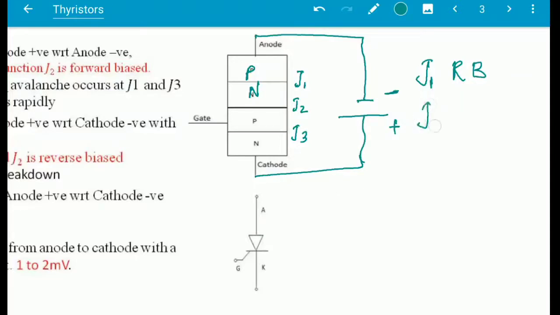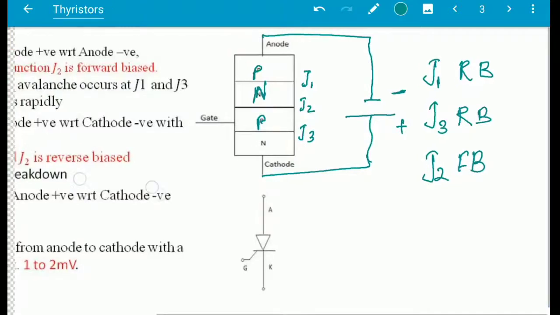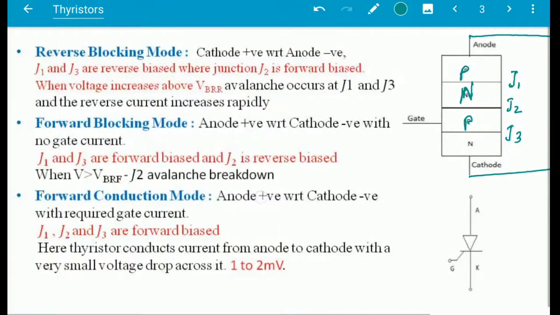J3 is also reverse biased, whereas at J2 the N is connected to the negative and P to the positive, so J2 will be forward biased. In reverse blocking mode, J1 and J3 are reverse biased, whereas J2 is forward biased.